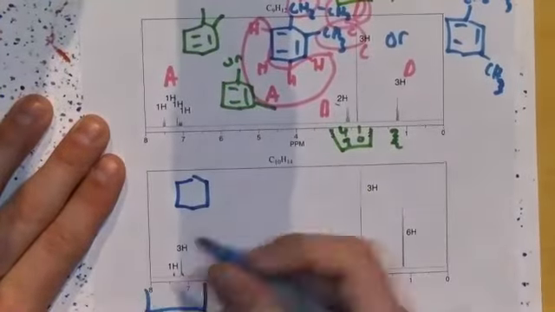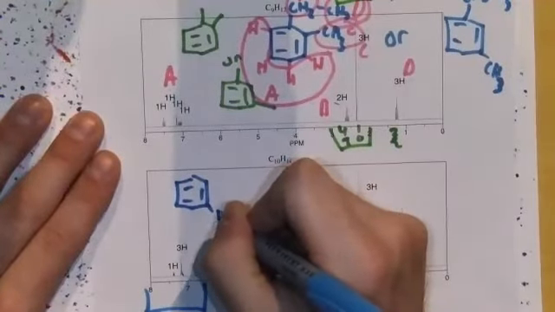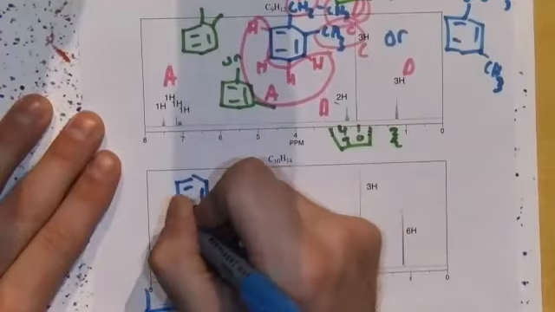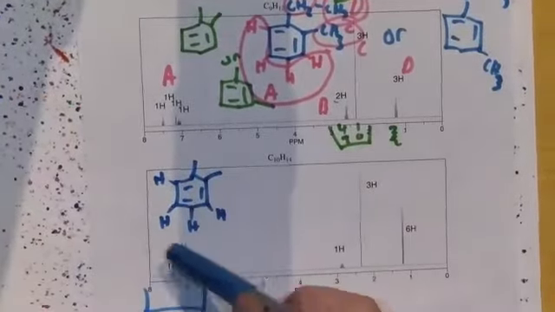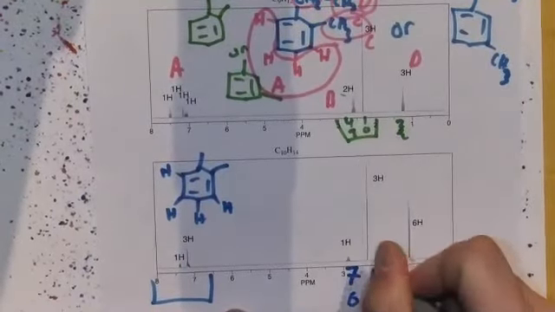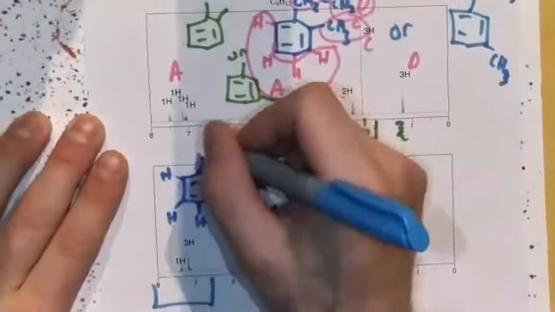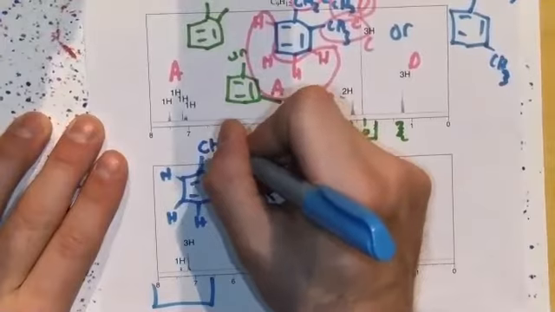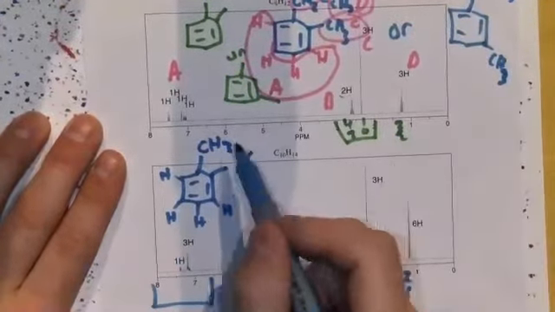So I'm between 6.5 and 8. I know it's an aromatic range. Got 2 open spots because it's a total of 4 protons here. Got 2 signals in 2 to 3 range. They should both be attached to my ring. CH3 is terminal, so I don't have to do anything with that one.